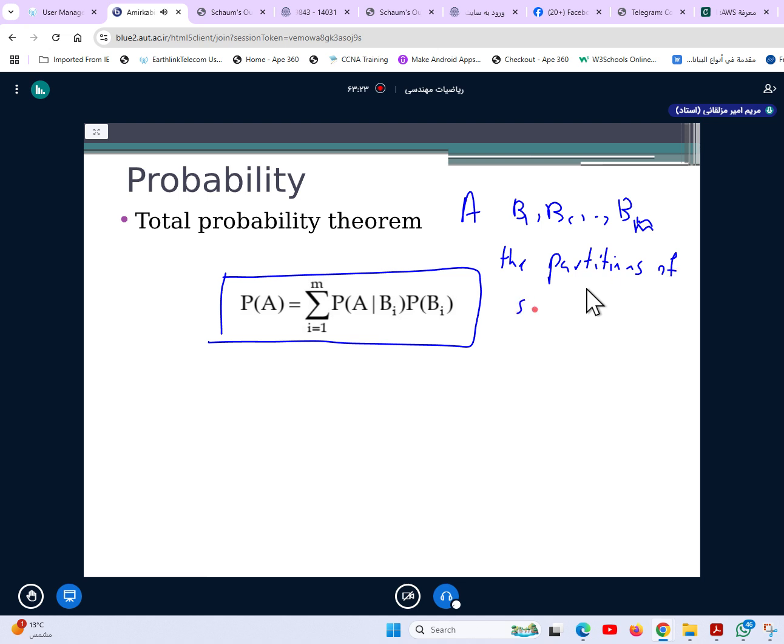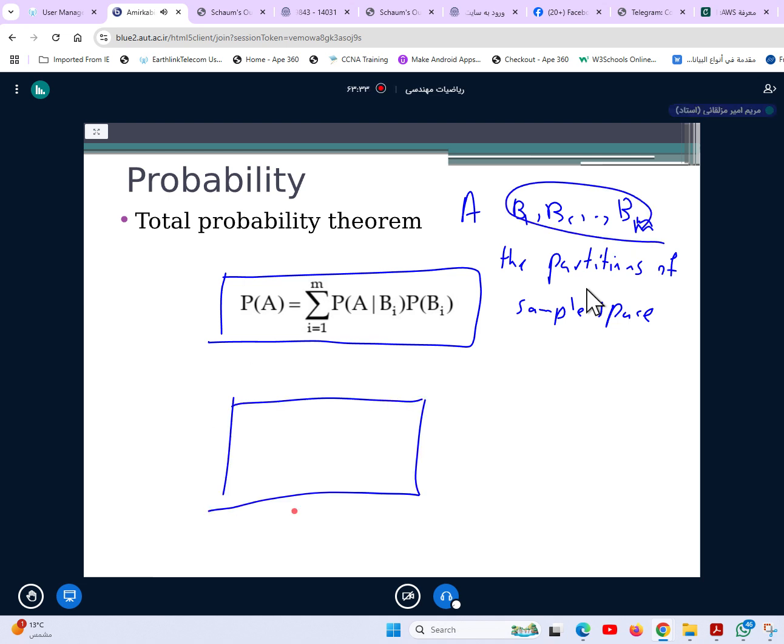of the sample space. What's the meaning of partitions of sample space? It means that, suppose this set is our sample space omega. We partition the sample space into some parts.